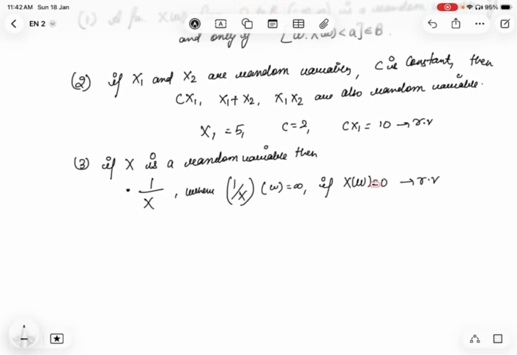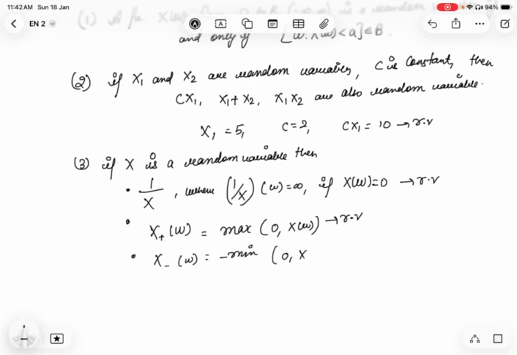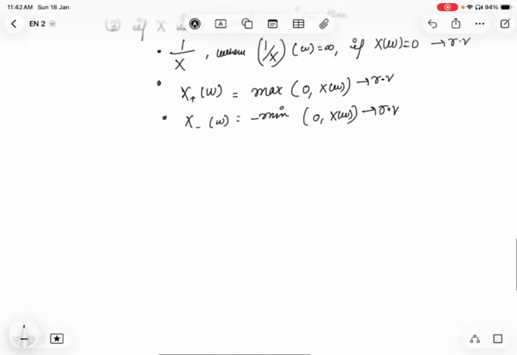Also X plus (omega), which is the max of 0 and X(omega), is a random variable. X minus (omega), which is the minimum of 0 and X(omega), is also a random variable.